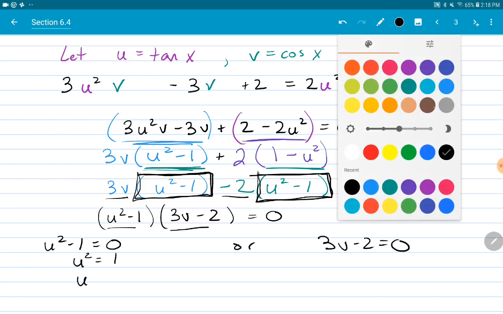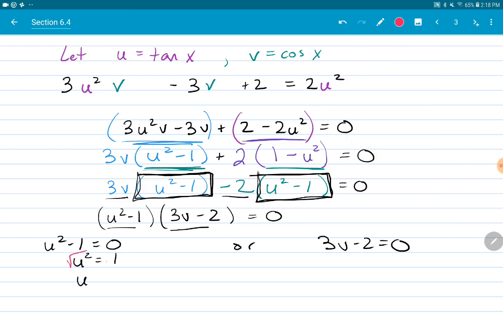So taking the square root of both sides, I get u equals positive or negative 1. And on the right-hand side, I have 3v, adding 2 to both sides, I get 3v equals 2, so v equals 2/3.